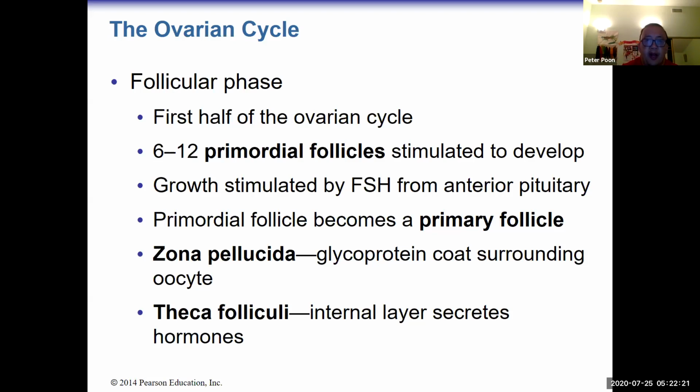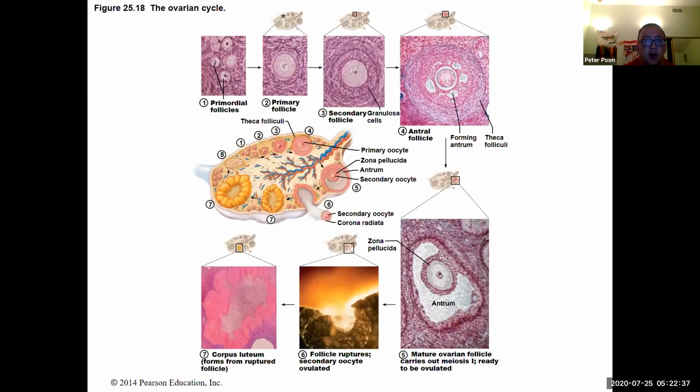The follicular phase is the first half of the ovarian cycle. You start off stimulating 6 to 12 primordial follicles to develop. So we'll see what those are. These little tiny things that you barely see are the primordial follicles.